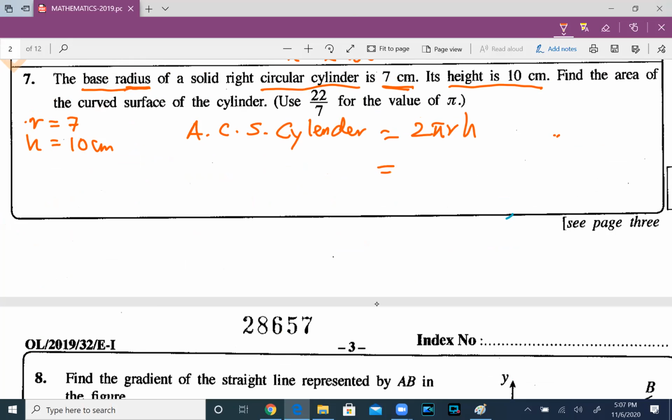So now area A is equal to, you have to substitute the values. 2 into pi is equal to 22/7 into radius, already you know that is 7 centimeter, and this is h, it is 10.